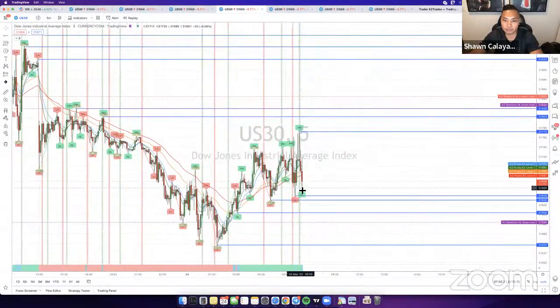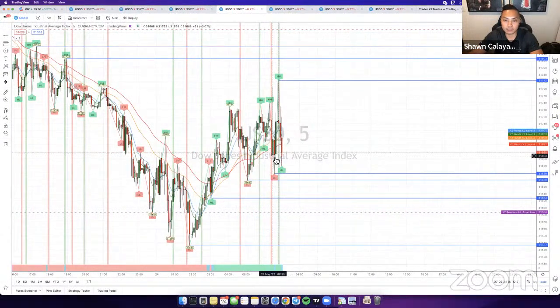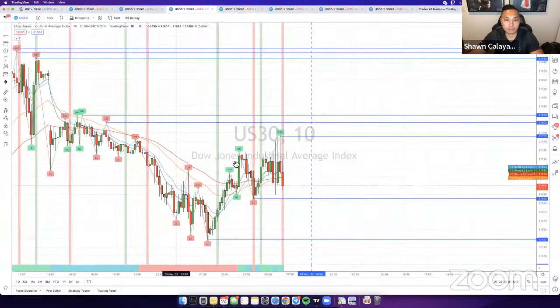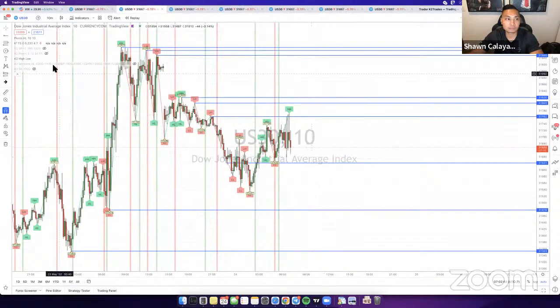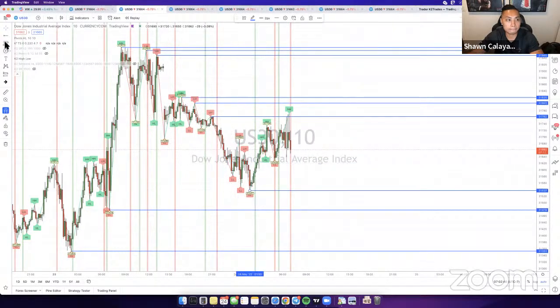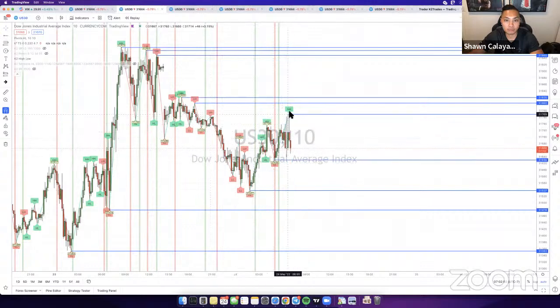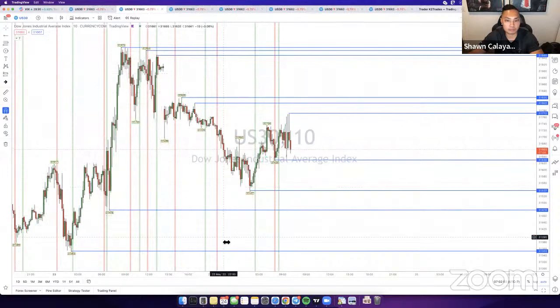If this closes here though, on the 10-minute, this would technically be the daily entry. So if you guys remembered, let me just clean this up a little bit right here. All right, so here's a clean chart right here.